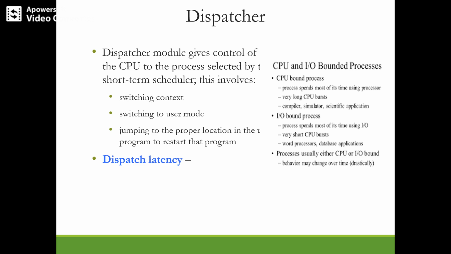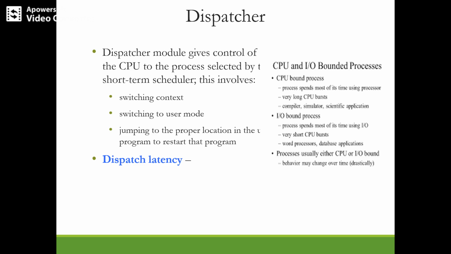The short-term scheduler selects a particular process, and the dispatcher gives control of the CPU to that process. The functionalities involved are switching context, switching to user mode, and jumping to the proper location in the user program to restart that program.